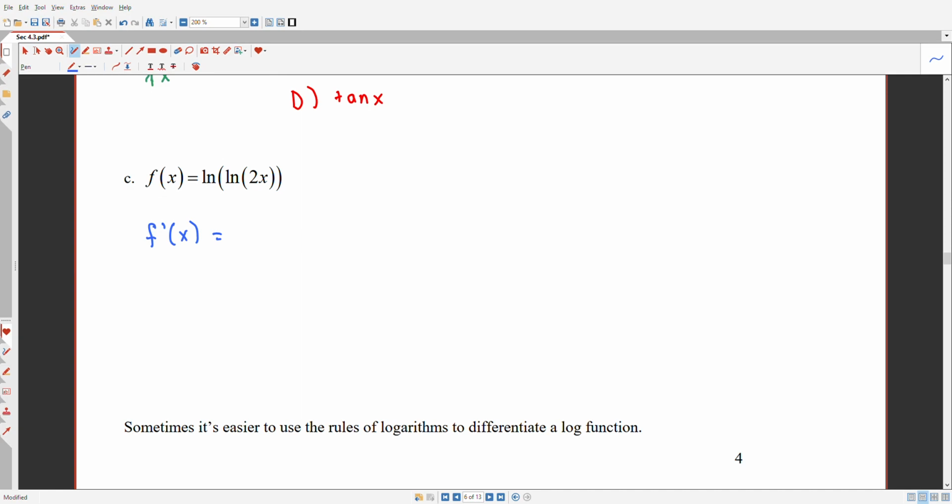We've got to differentiate each layer, starting with the outer layer, and then move to the next layer, and finally to the innermost layer. So what's the derivative of this first natural log? That's our outermost function. That's 1 over. And what is it 1 over? It's 1 over whatever was plugged in to that first natural log. So it's 1 over the natural log of 2x times the derivative of all that stuff.